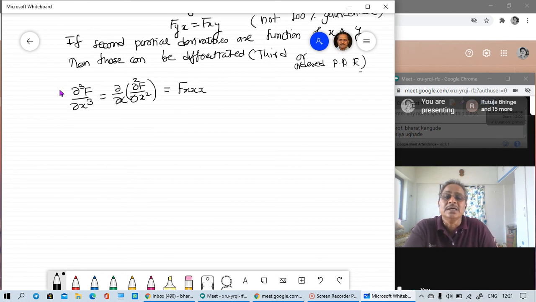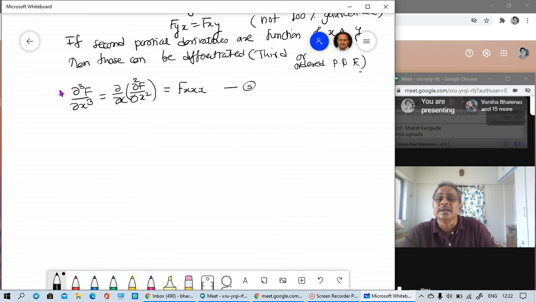It means this function is to be differentiated first with respect to x, then ∂f upon ∂x is to be differentiated by x again, and then ∂²f upon ∂x² is also differentiated with respect to x again, 3 times, and that's how this quantity is called the third order partial derivative with respect to x. So this can be called equation number 5.